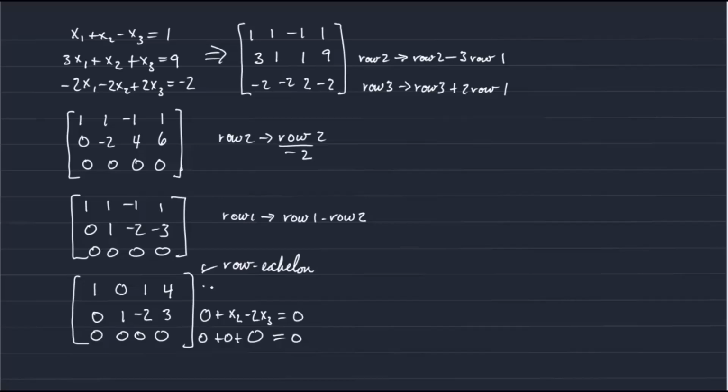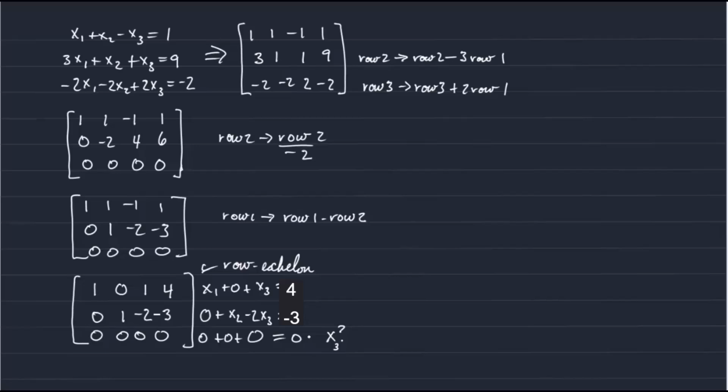And the top row tells us that x1 plus 0 plus x3 is equal to 0. Now, this system is a little bit different from the previous system in that we have all zeros on the bottom, which tells us basically that 0 is equal to 0. And that's correct.